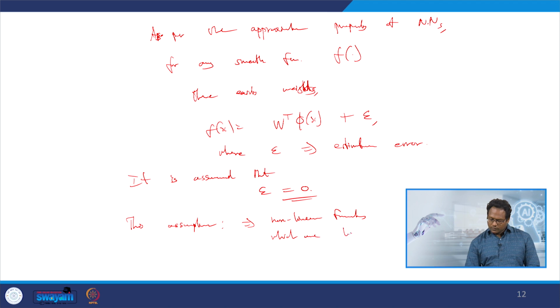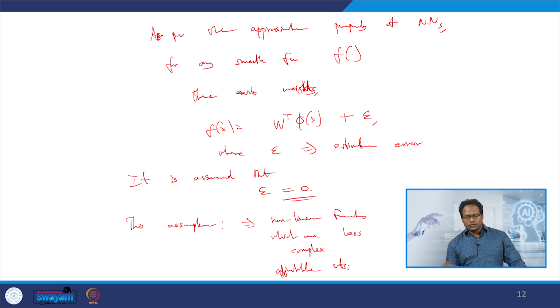So, if we take a sufficiently large number of adjustable weights, this assumption where epsilon, the estimation error, is 0 holds true for nonlinear functions which are less complex and there are sufficiently large number of adjustable weights associated with the network.